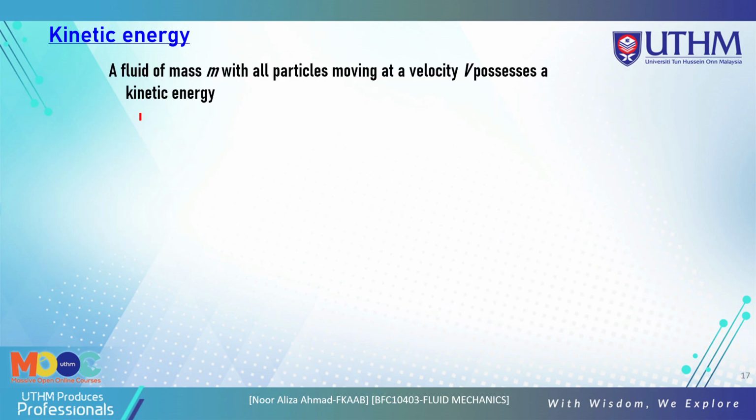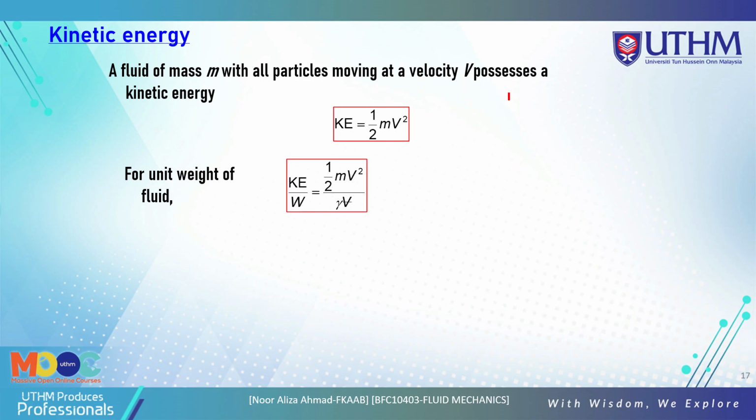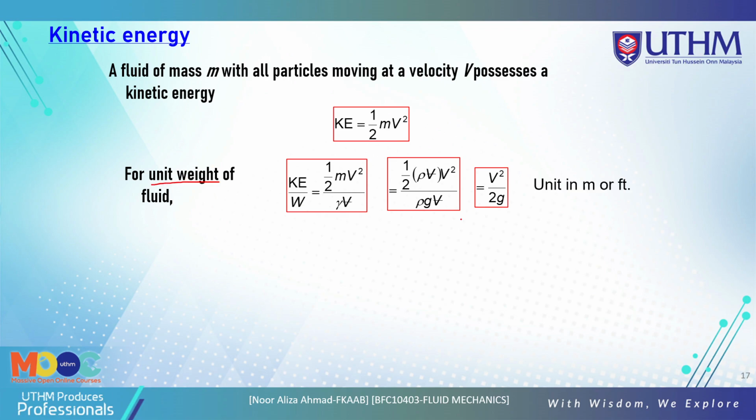So we know the kinetic energy: a fluid of mass with all particles moving at the velocity v possesses a kinetic energy. So kinetic energy is equal to 1 over 2 times m times the velocity squared. For unit weight of fluid, we have the velocity squared over 2g, in m or feet.